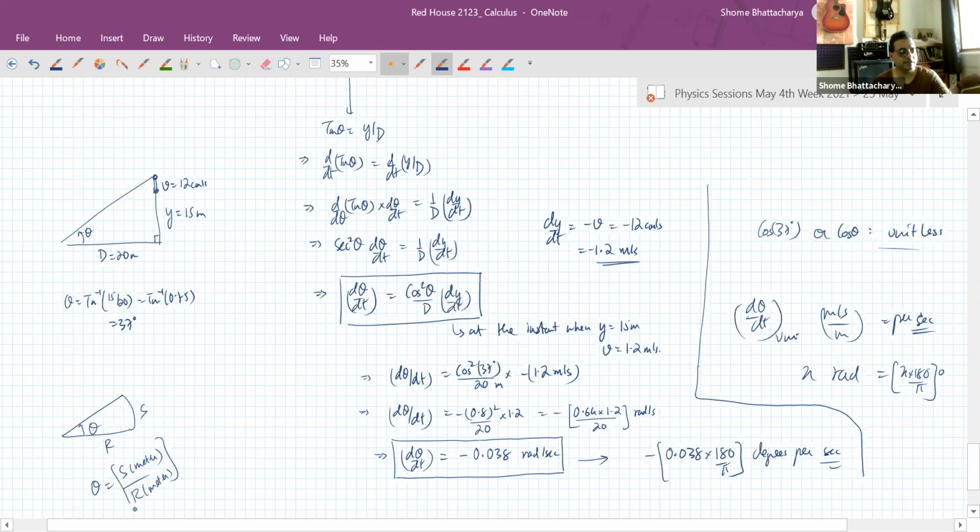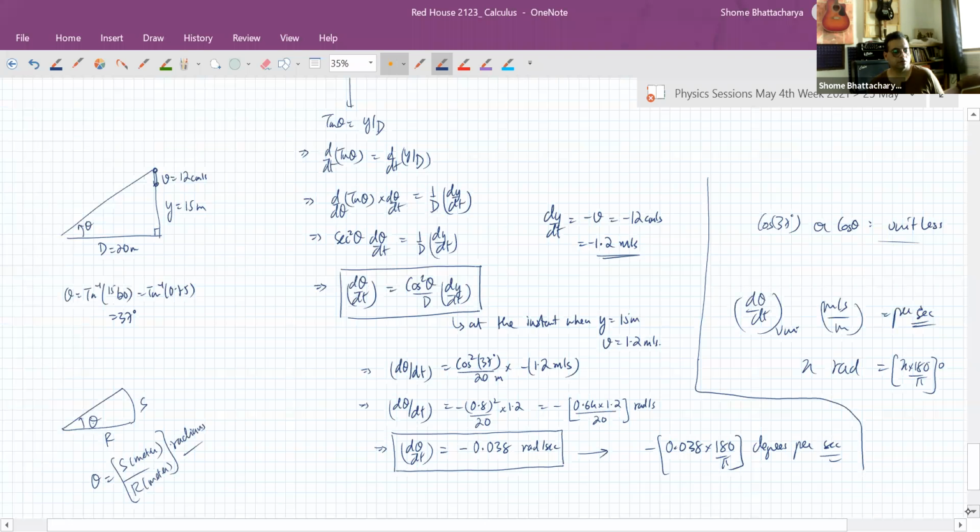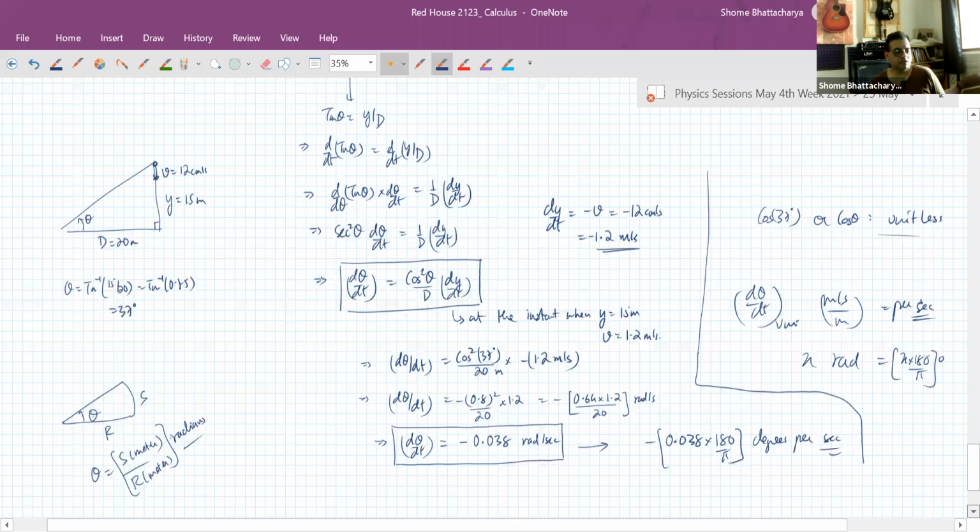So this angle that we get from the simple ratio is in radians. Then we can convert it to degrees by multiplying with a factor of 180 by pi. Okay, so this part is clear, no?